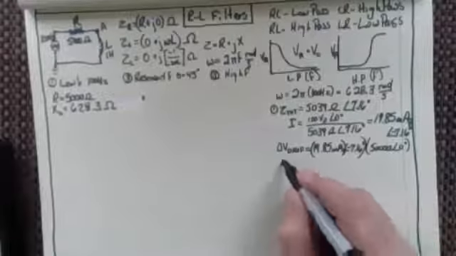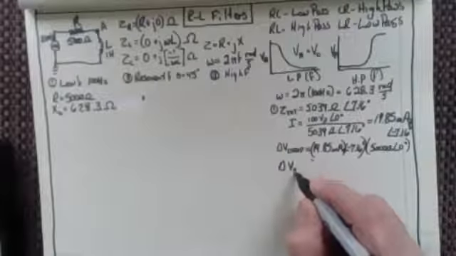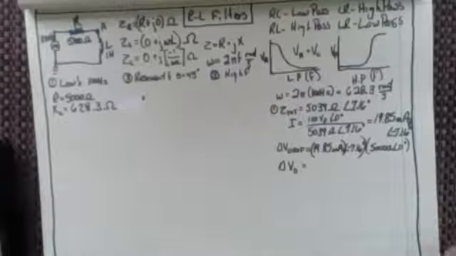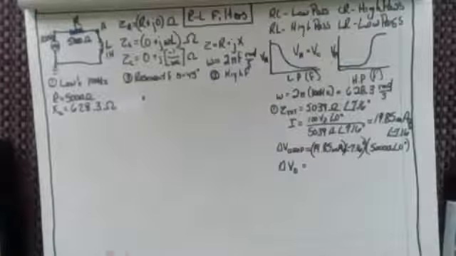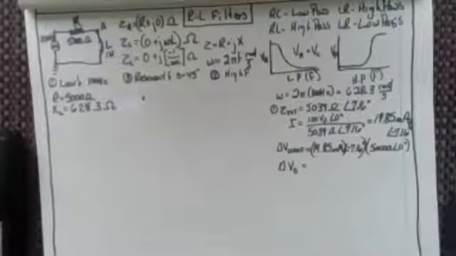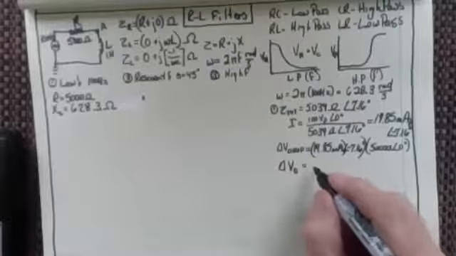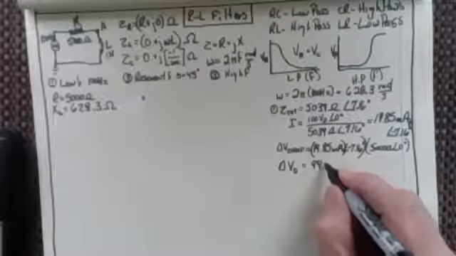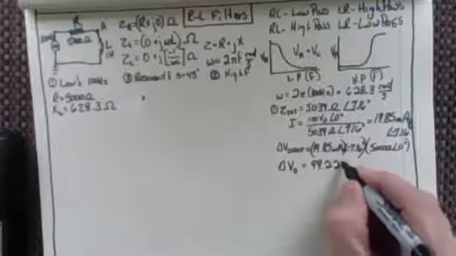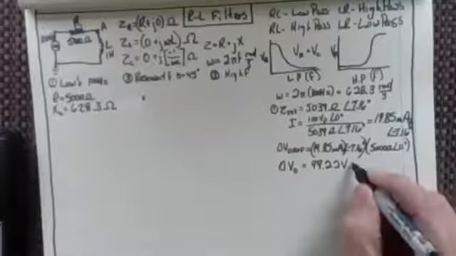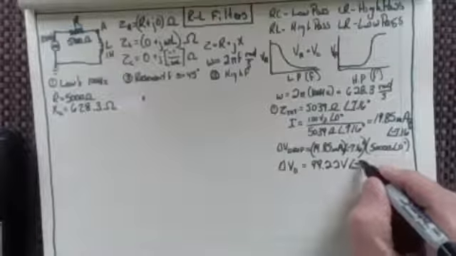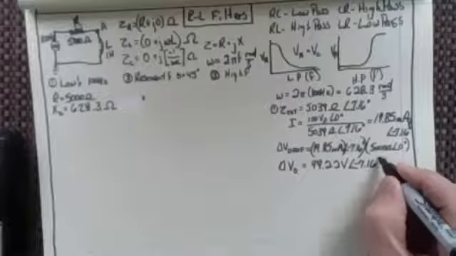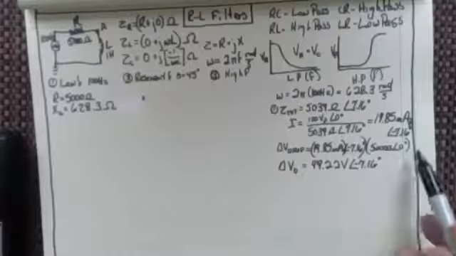So my voltage drop across that resistor, 5,000 times the current, is 99.22 volts at an angle of minus 7.16 degrees. Why is it minus? Because that's a minus and that's a 0.